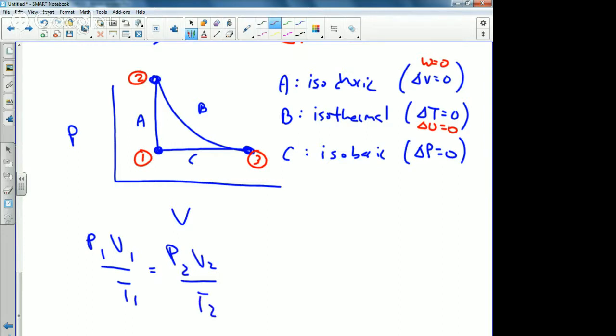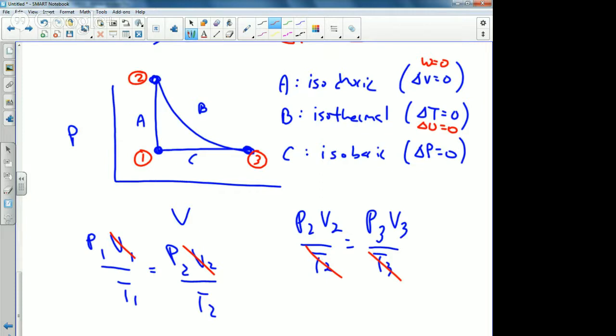Because between 1 and 2 is the same volume, I can cross that out. Okay? Or if I have P2 V2 over T2 equals P3 V3 over T3, I know that B is an isothermal line. So that means temperature crosses out.